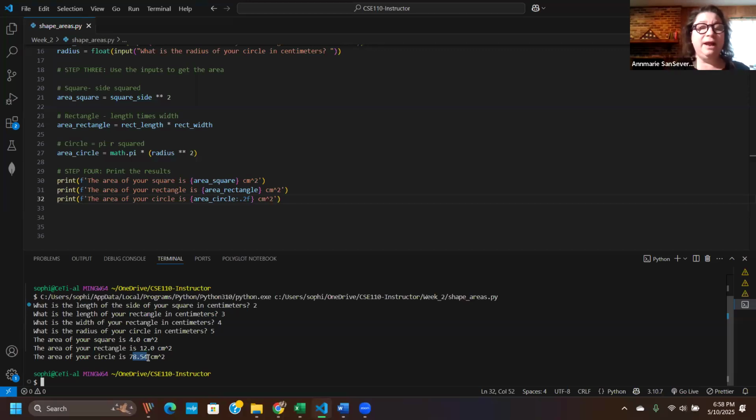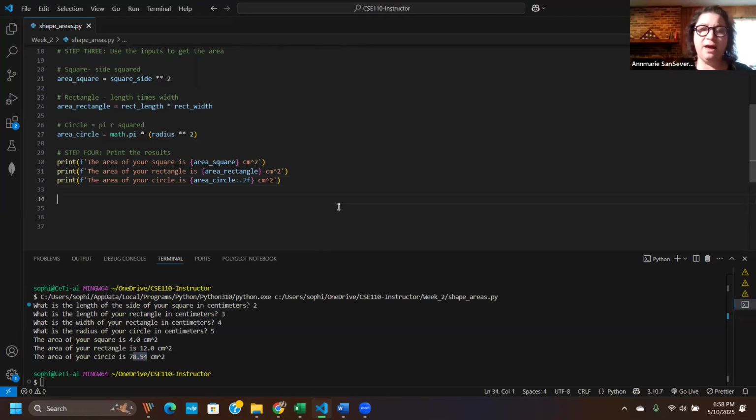Okay, now there was an enhancement part of our assignment where we could convert the centimeters to meters. And to do that, we would really just divide, am I thinking that right? The area divided by 10,000, I believe is how we do that. Centimeters to meters.